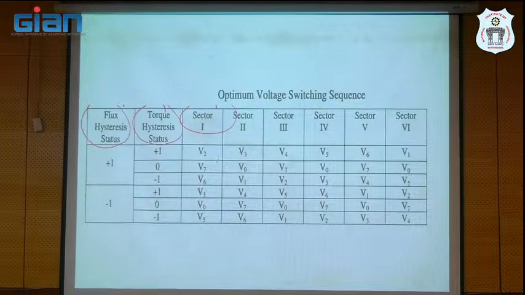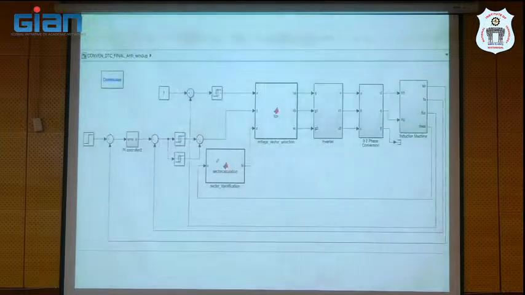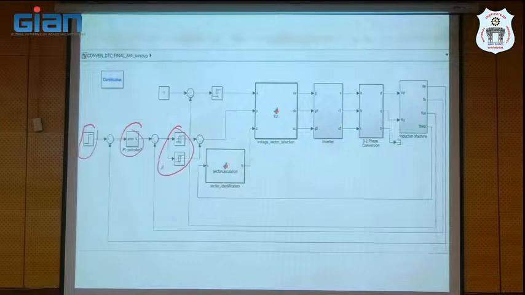Clear? So this is the simulation block diagram of the direct torque control method. Reference speed, right? This is the speed PI controller. This is the torque controller. Torque requires 3 states, right? It is a simple relay block. By taking a relay, we can identify the seriousness of the error.